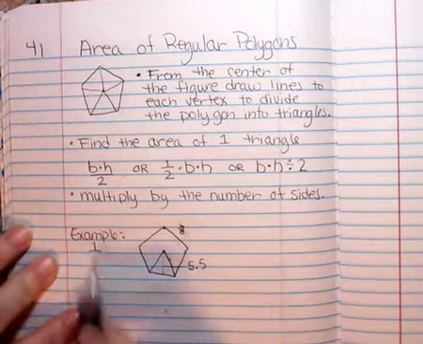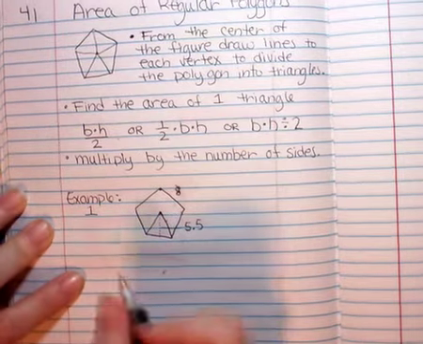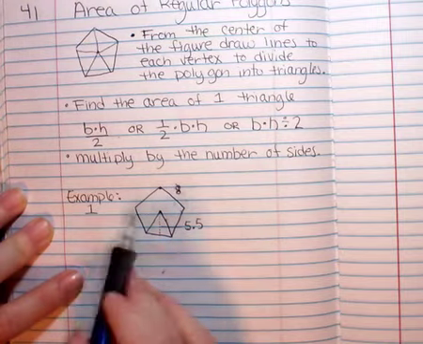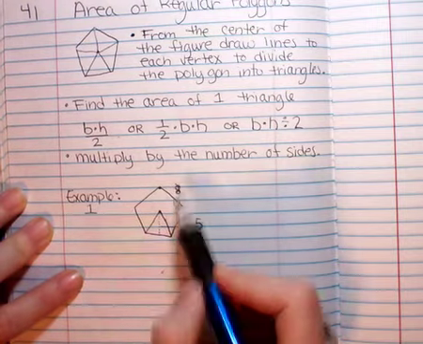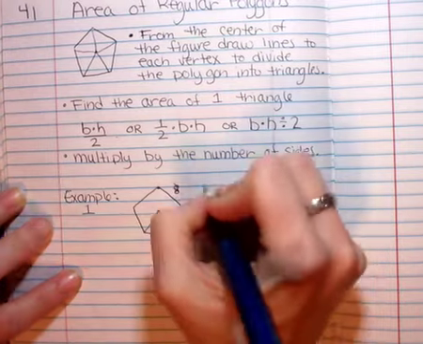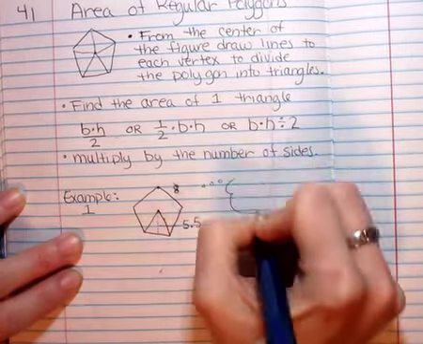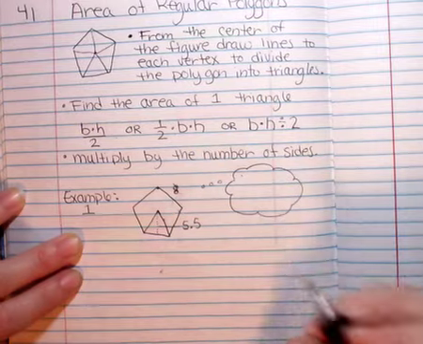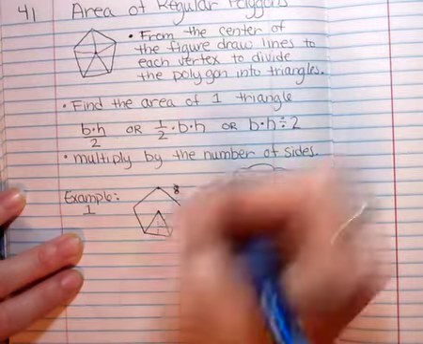So I have drawn an example, and this time I would like you to draw a pentagon as well. So in my pentagon, I know that the sides are 8, and since it's a regular polygon, draw yourself a thought bubble, that in regular polygons, all sides are congruent.